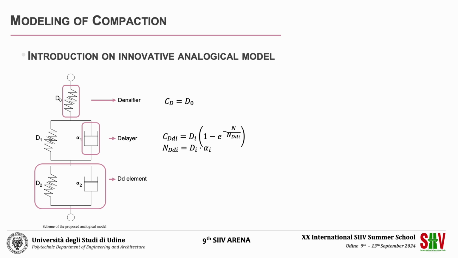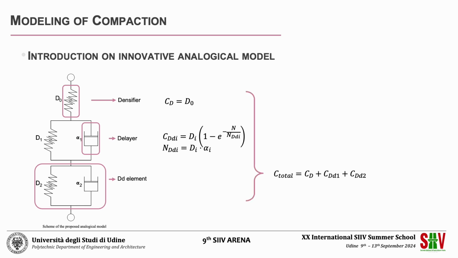For the equation of this model, the single densifier has a compaction compliance equal to the initial compaction, while the DD element is defined based on the compaction compliance of the densifier and also the compliance of the delayer, which is defined by the NDD1. This NDD1 is the number of gyrations to reach the maximum compaction in our DD element.